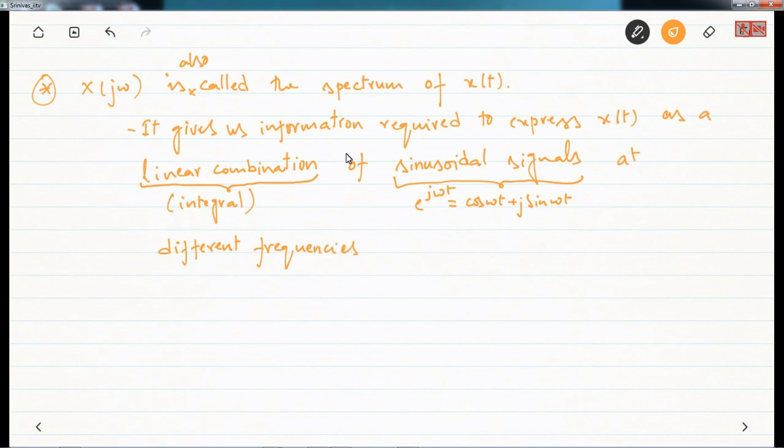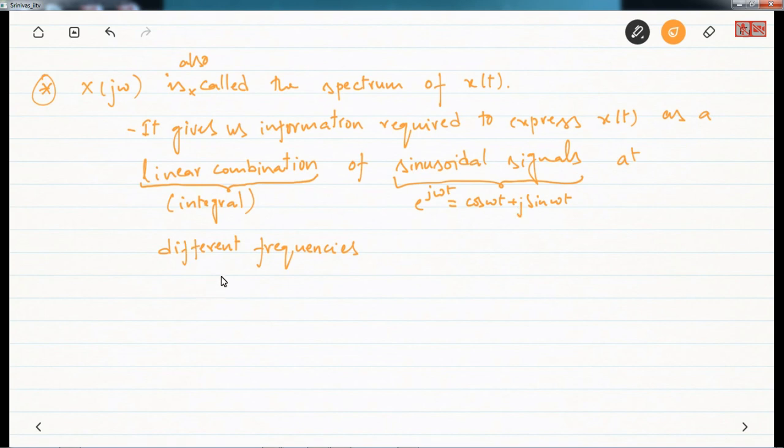So it gives us information required to express x of t as a linear combination of sinusoidal signals at different frequencies. Here the linear combination is nothing but the integral of sinusoidal signals, where the sinusoidal signals are expressed in terms of complex exponentials and they are at different frequencies.